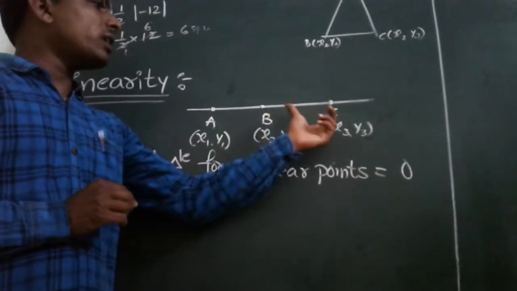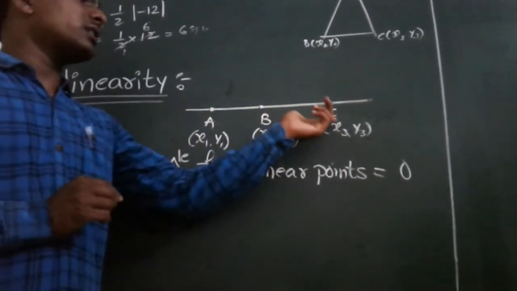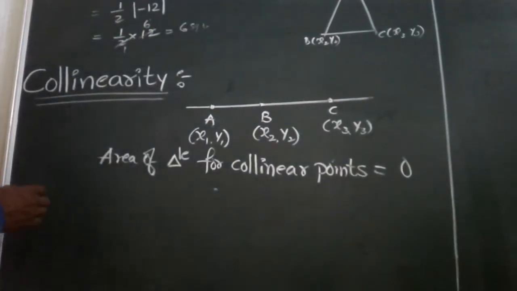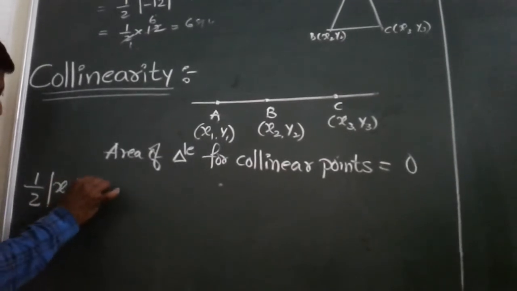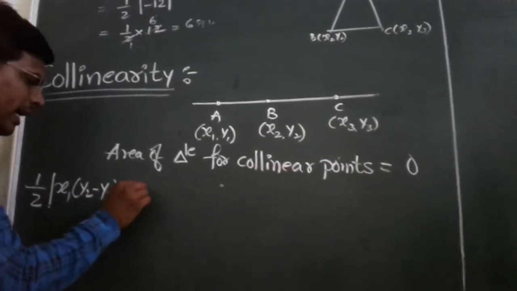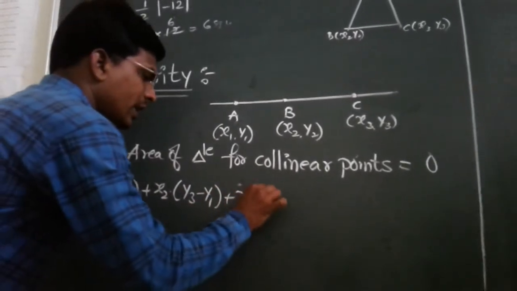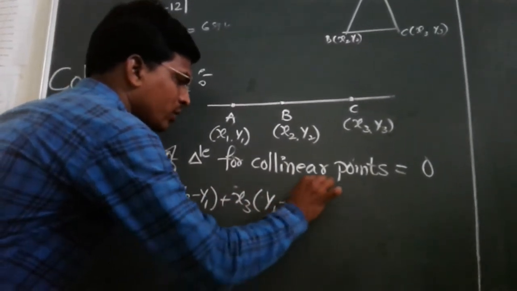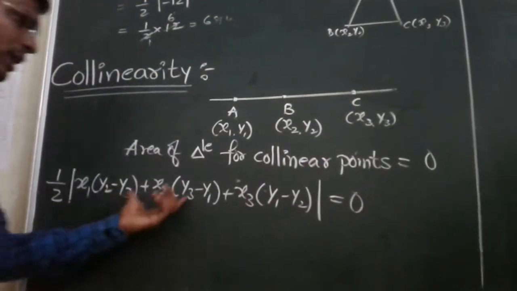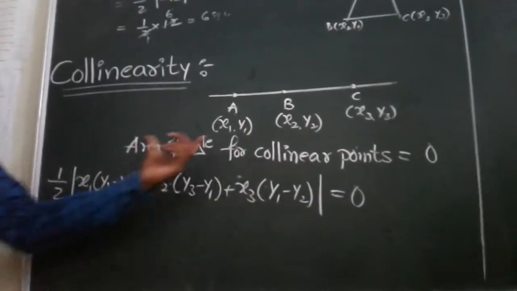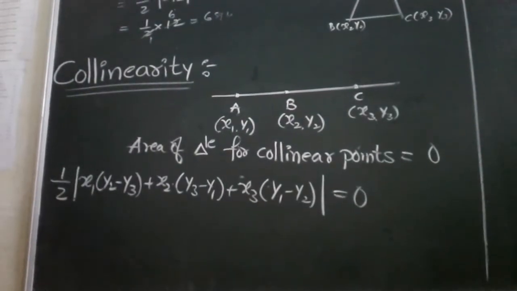So the area of the triangle for collinear points is equal to 0. So what is the formula? Half into modulus x1 (y2 minus y3) plus x2 into (y3 minus y1) plus x3 into (y1 minus y2). This value is equal to 0. By using this condition we can say whether the given 3 points are collinear or not.